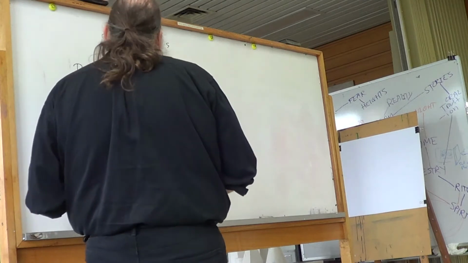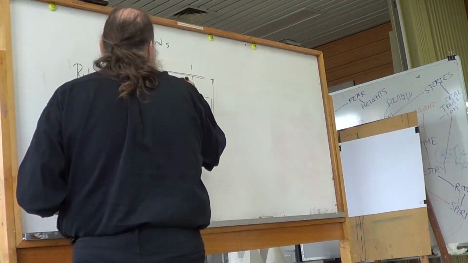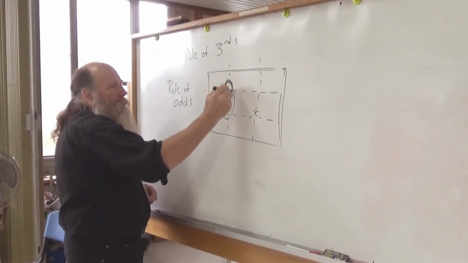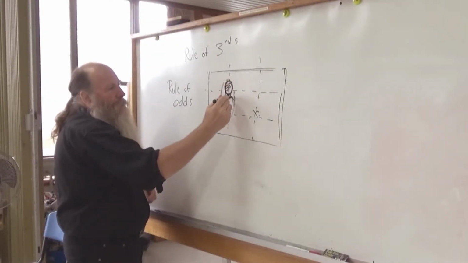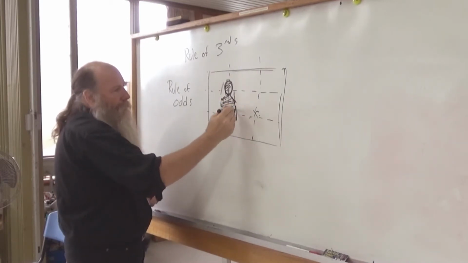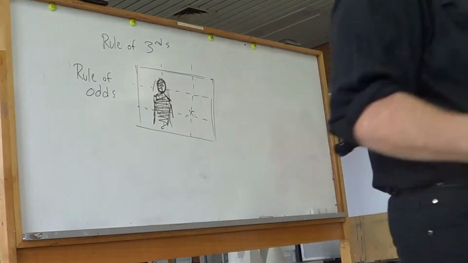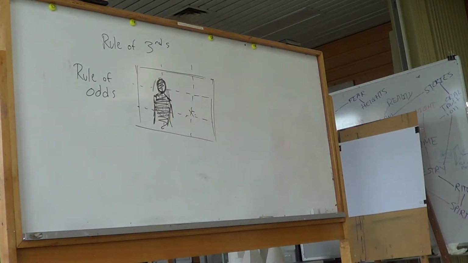So rule of thirds mixed with the rule of odds. Let's say somebody's head is there. That's the figure. So I've got a figure down on that rule of thirds.